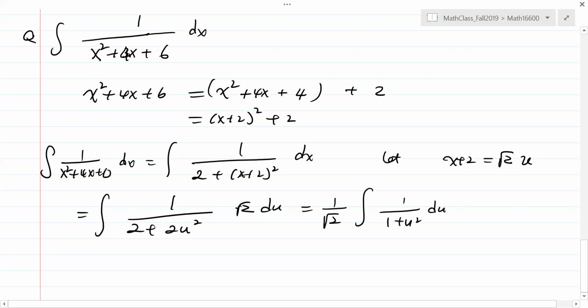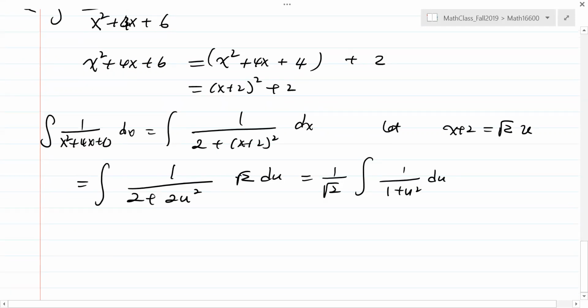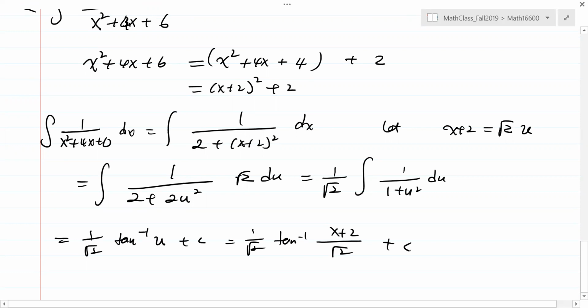Then you already know the answer for that. Okay, so that is going to be square root 2 over 2 arctangent u plus constant. And what is u? And you solve that.